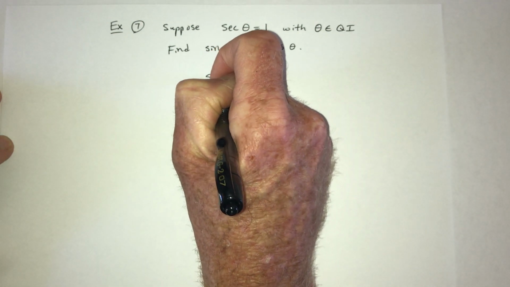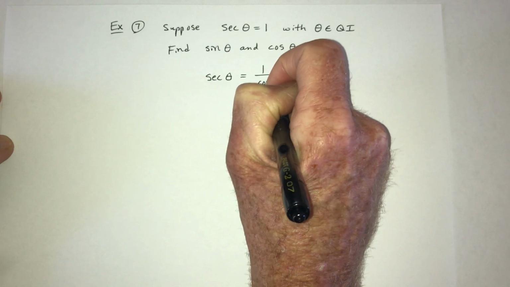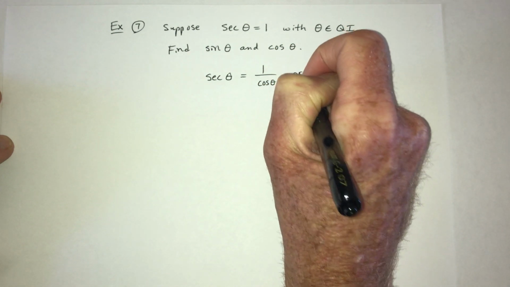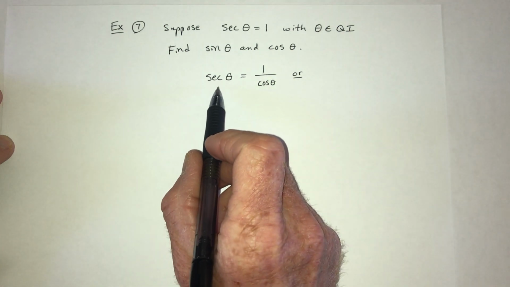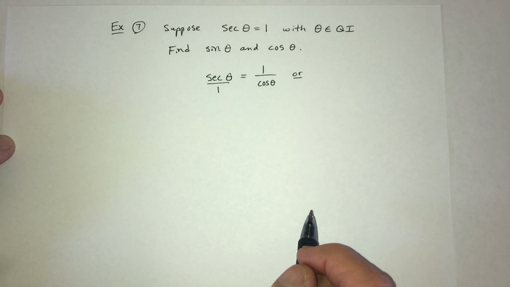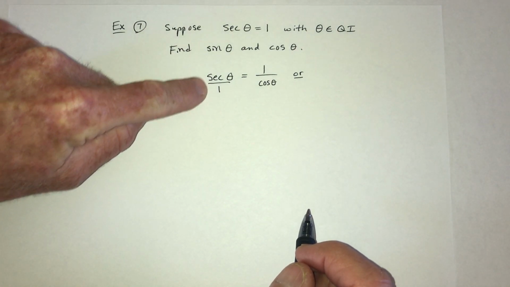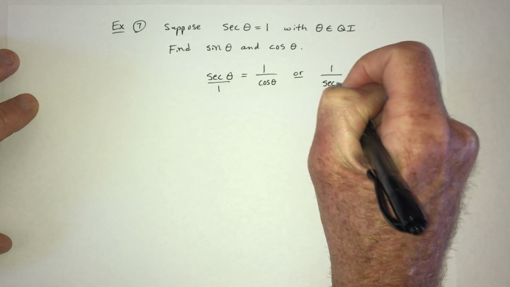Well, secant is equal to 1 over cosine. Or another way to look at that is you could do the reciprocal of each side. So make this side secant over 1, and then invert this fraction so the left side becomes 1 over secant.